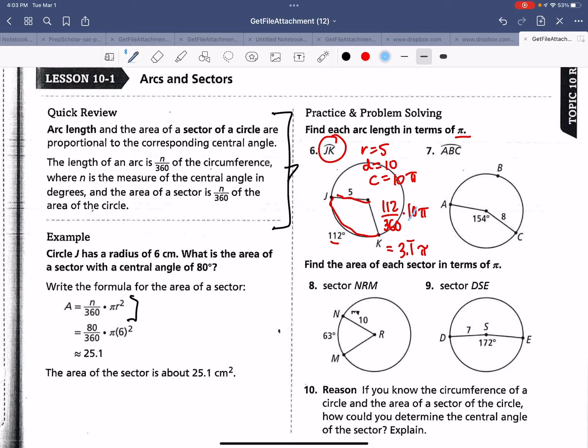So probably a better way is to cancel this and notice that I could have this. Let's see. I still have these two numbers are even, so I could divide by 2. I'd get 56. Divide by 2 down in the bottom, I'd get 18. Those are still even, so I can divide by 2 on the bottom and the top. I get 9. 56 divided by 2, I get 28.